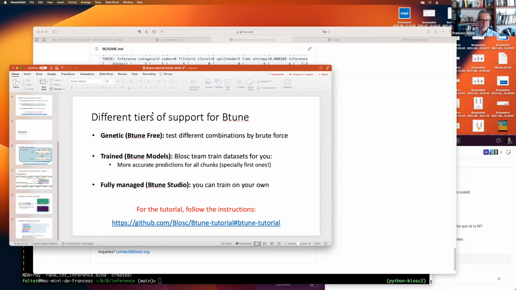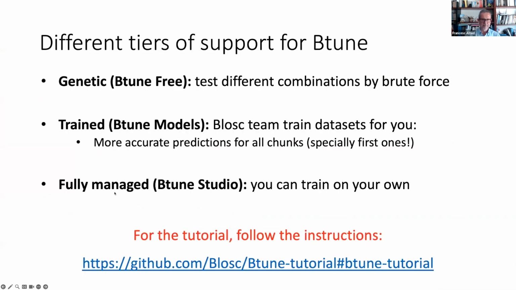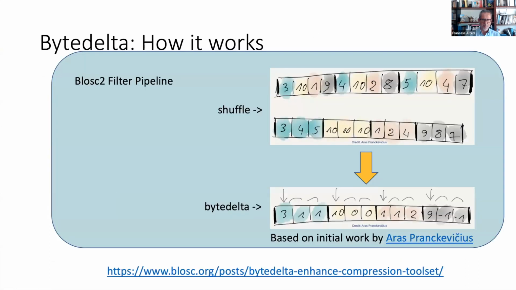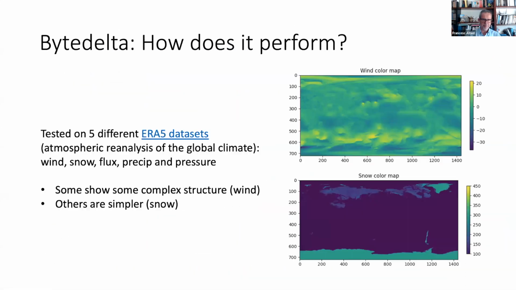So let me go back again to the presentation, because we did a lot of experiments with these ERA 5 datasets that should be similar to the NASA data that you are referring to. When we have been developing Btune, we used this quite intensively.